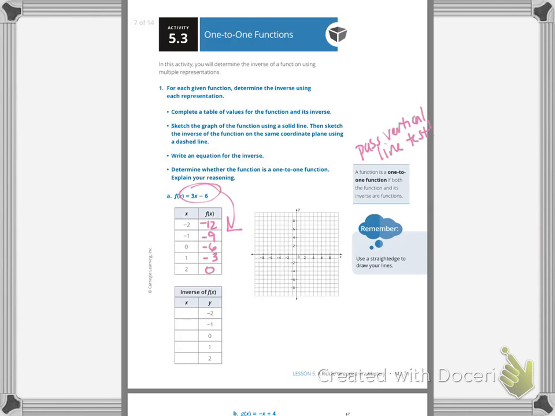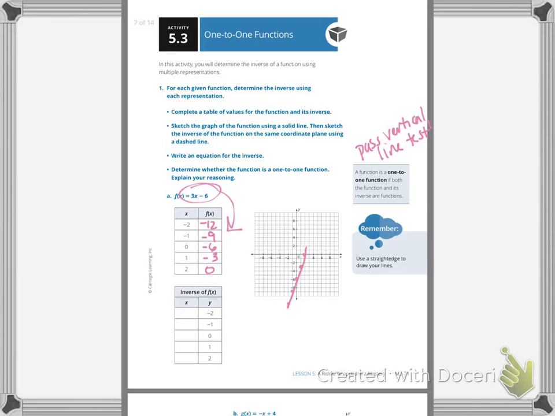So if I graph them now: negative 2, negative 12; negative 1, negative 9; 0, negative 6; 1, negative 3; and 2, 0.